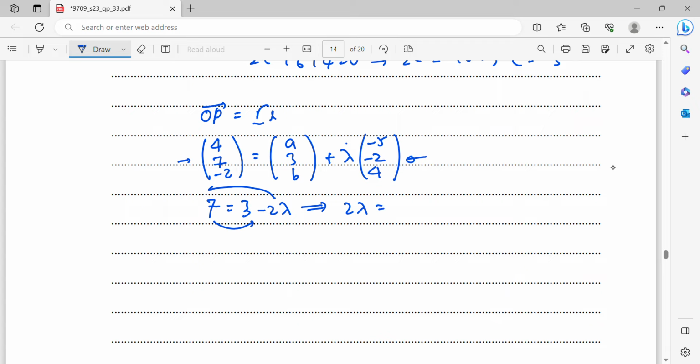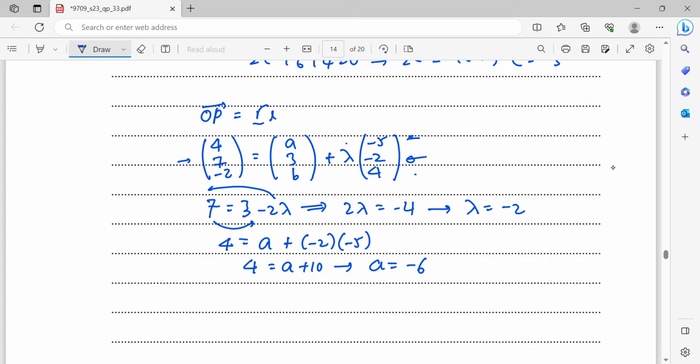I will get 3 minus 7, which is minus 4. Hence, my lambda is minus 2. So now I substitute this lambda into the first row and the third row to get A and B. So now 4 equals A plus negative 2 times negative 5. So from here, 4 equals A plus 10. Therefore, my A is minus 6.